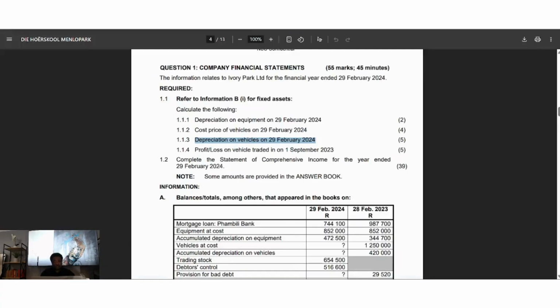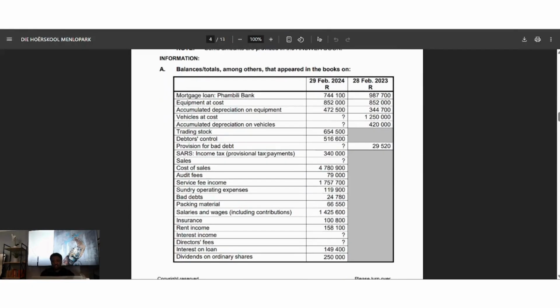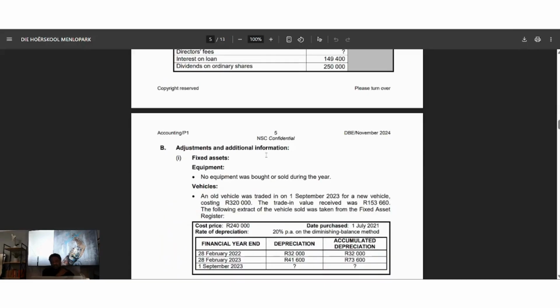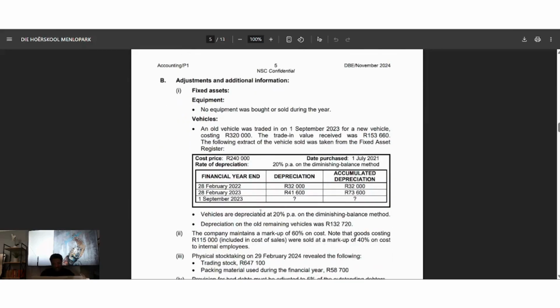The new vehicle is going to be a bit straightforward, because it doesn't matter too much which depreciation method. It just matters in terms of what's the percentage, because it hasn't yet been depreciated, so we're always going to go with the cost. We can see here that vehicles are depreciated at 20% per annum using the diminishing balance method.